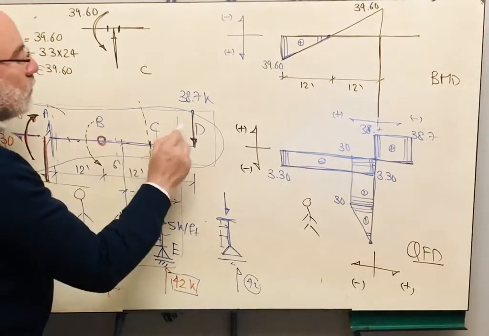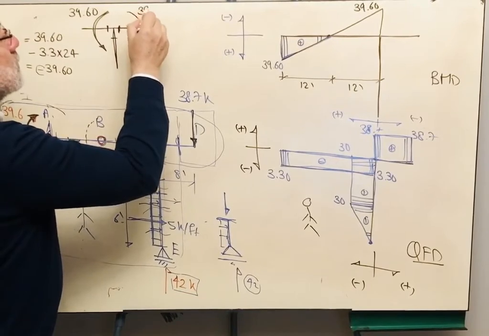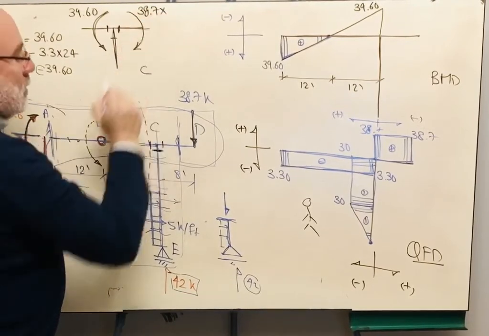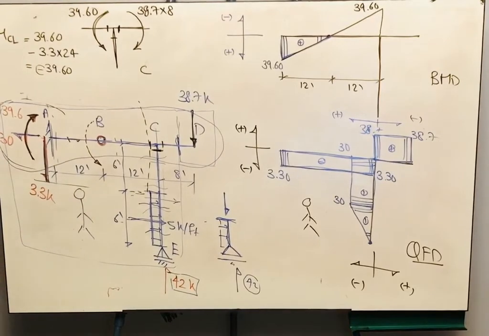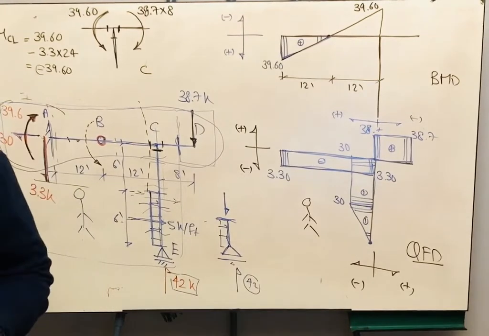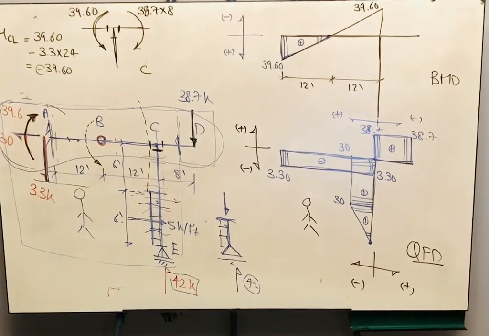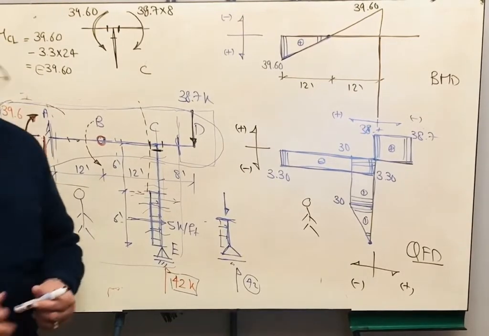So you are going to multiply 38.7 by the distance, which is 8, and this will give us the value. If you did this, it is 309.6.